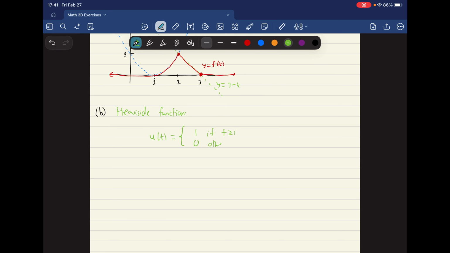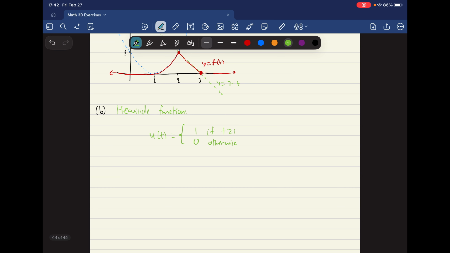It's going to be 0 otherwise. Therefore, if you were to sketch this function on the xy plane, it would look something like this. Maybe this is 1. The function goes along at 0 until it reaches 0, and then it jumps up to be 1, and it continues off as 1. This is y equals u of t.